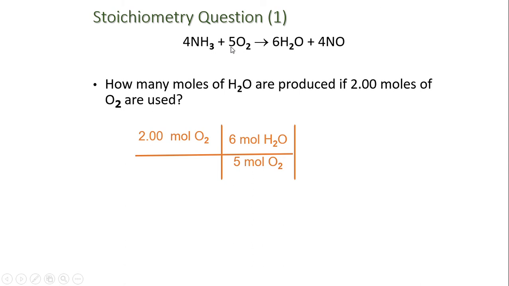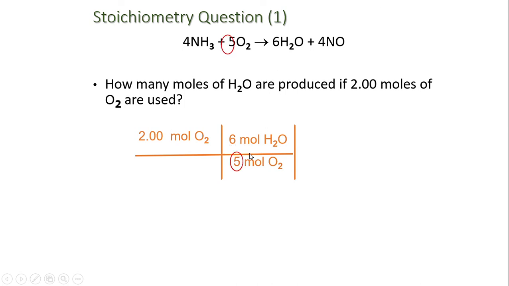In every 5 moles of O2, there are 6 moles of water. Use this as our basis for converting the desired unit. So how many moles of water are produced if 2 moles of O2 are used? So we have here the given, which is 2.0 mole of oxygen. In every 5 moles of O2, there will be 6 moles of water.